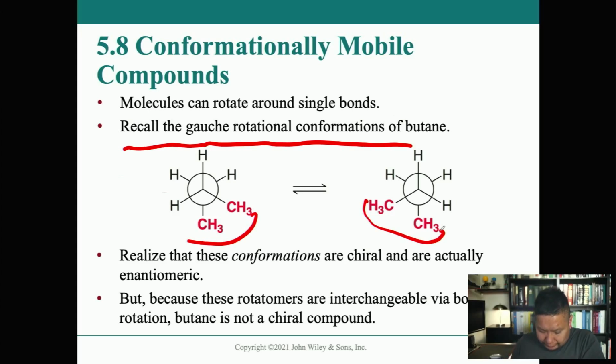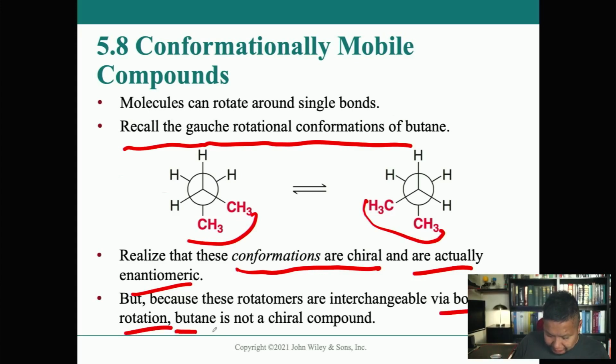And so realize that these conformations are chiral, and they are actually enantiomeric. But since the conformations can change via bond rotation, butane itself is not a chiral compound.